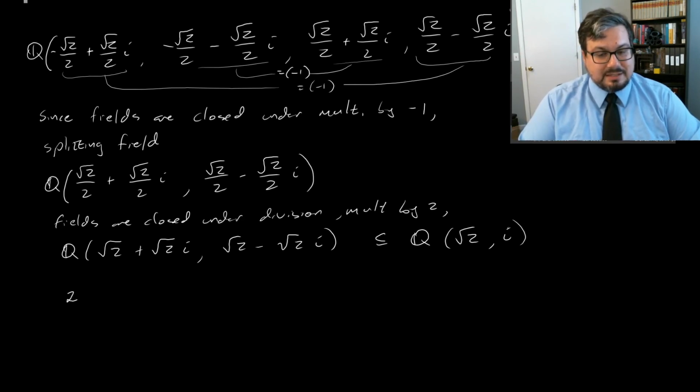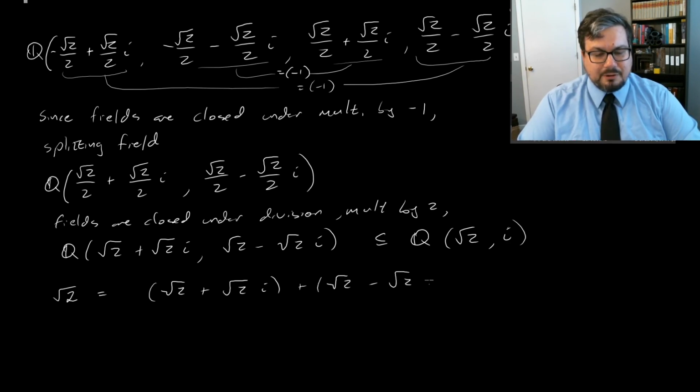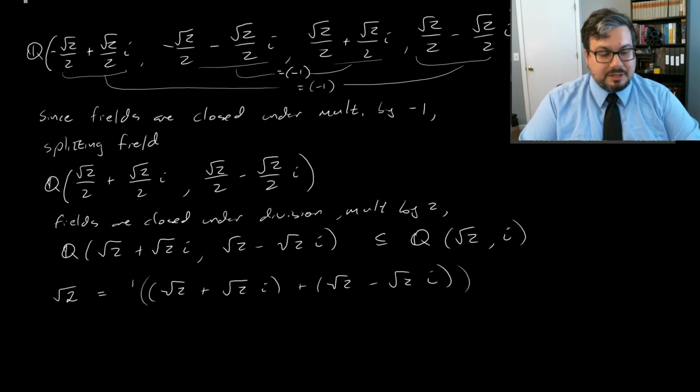So notice that to get √2, we could take √2 plus √2 i plus √2 minus √2 i. That'll give us 2 times √2, and if we multiply by 1/2, then we get just √2.